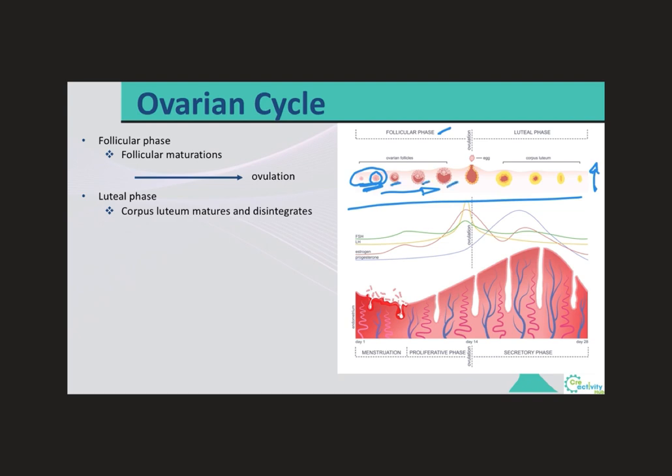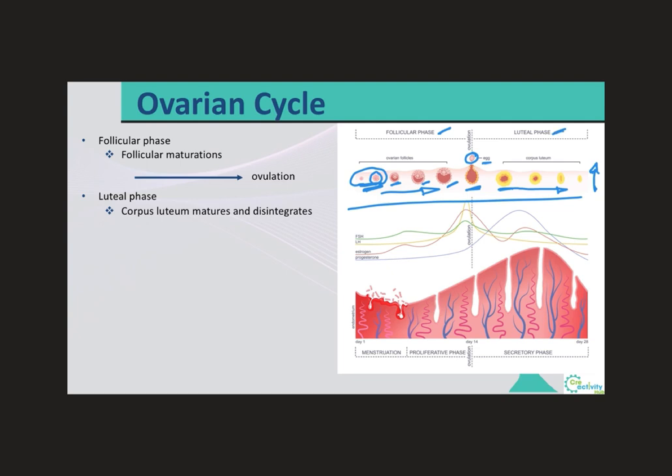It then sequentially develops into the primary follicle, then the secondary follicle, and the mature Graafian follicle. Ovulation occurs when the mature follicle, or the tertiary follicle, ruptures, releasing the oocyte into the pelvic cavity. From the pelvic cavity, the oocyte will enter the uterine tube, and within the ovary, the remnants of the ruptured follicle develop into a structure called the corpus luteum, where luteum means yellow and corpus means body, so the yellow body, which will initiate what we call the luteal phase.